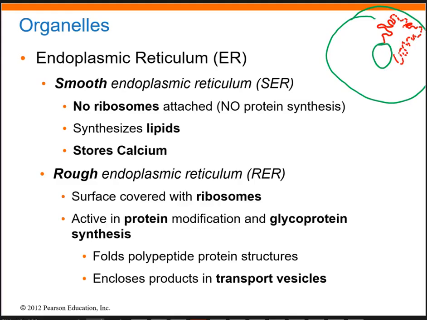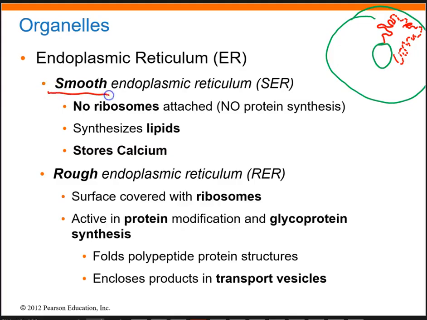And that's the endoplasmic reticulum. Now, there are two parts to the endoplasmic reticulum, and they almost act like two different structures. They're different from each other, but they are interconnected. It literally flows from the rough endoplasmic reticulum into the smooth endoplasmic reticulum.